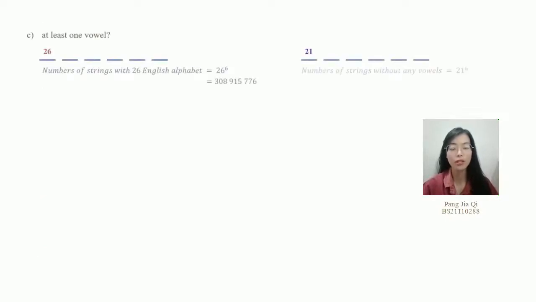The next question is at least 1 vowel. The number of strings with the 26 English alphabet letters will equal 26 to the power of 6, which is 308915776.